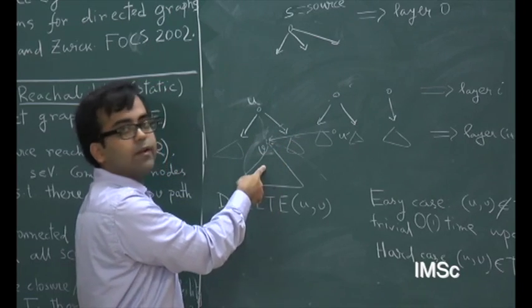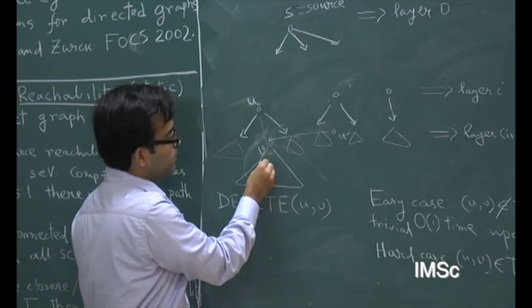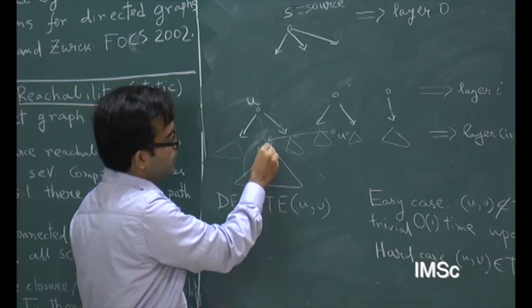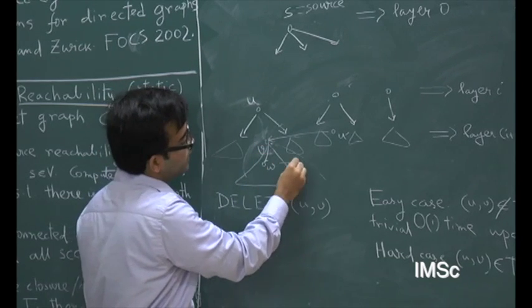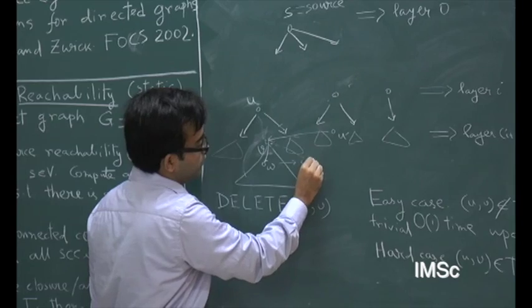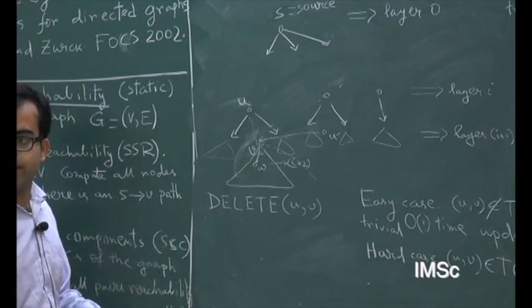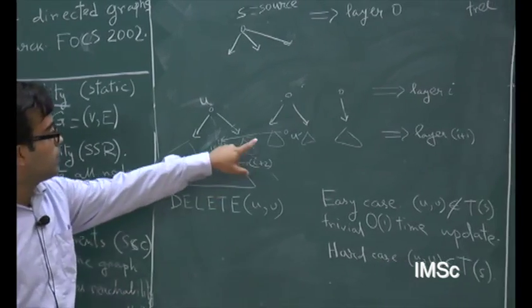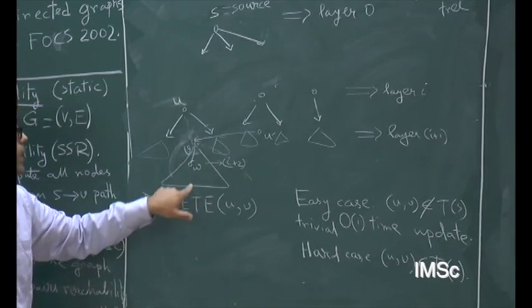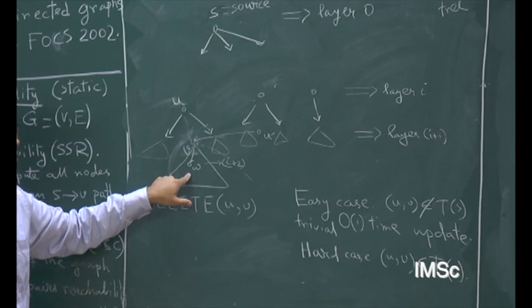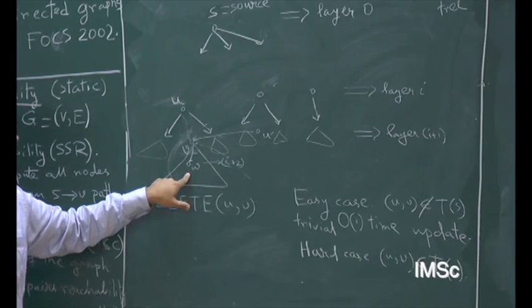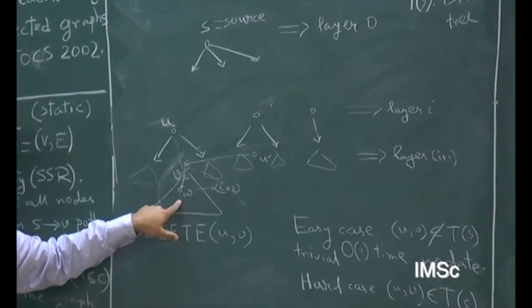But what about V's children? I mean, there is this guy W, say. Initially, this guy W was in layer I plus 2. The moment you add U prime to V, W's layer becomes I plus 3. But is that a correct layer? You never know, right?